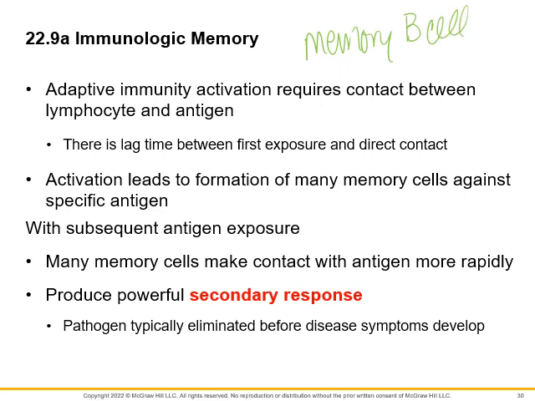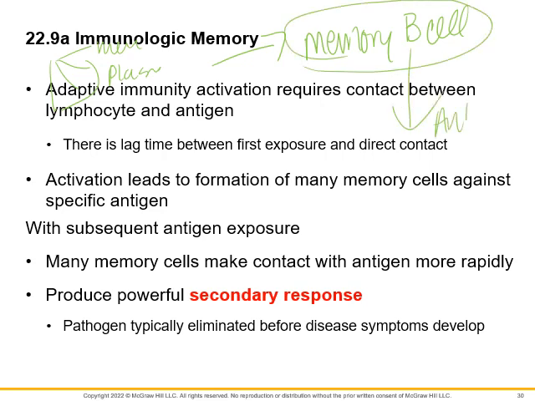Instead of going through the long process of making the plasma cells and the memory cell and being activated, basically just this memory cell is activated and you start churning out plasma cells, which then make antibodies. So it's a much quicker, rapid response the second time. The only problem is it has to be the exact same antigen. So if it makes contact with the same antigen, that memory B cell can start churning out tons of antibodies.